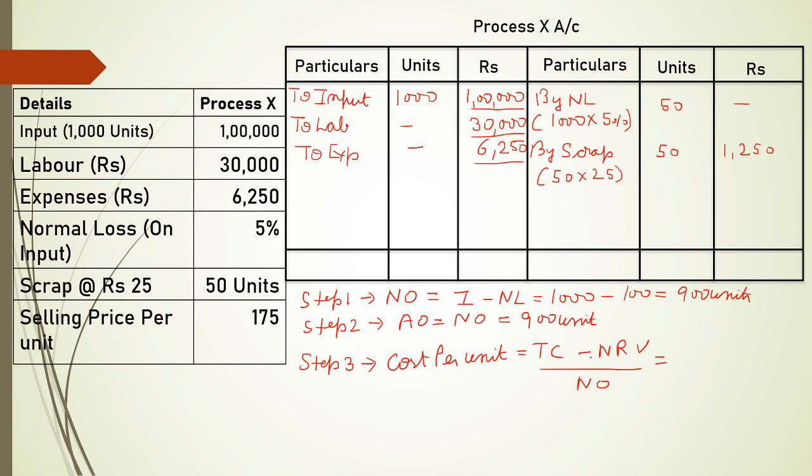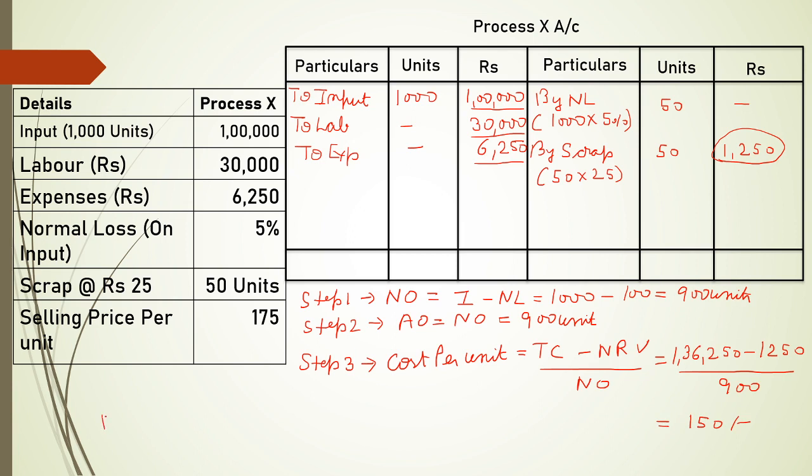So our total cost is 1,36,250 minus net realizable value, that is the sale value of scrap, 1,250 rupees. So we have to deduct net realizable value from the total cost, divided by normal output, which is 900 units. So the cost per unit of this process is 150 rupees per unit.